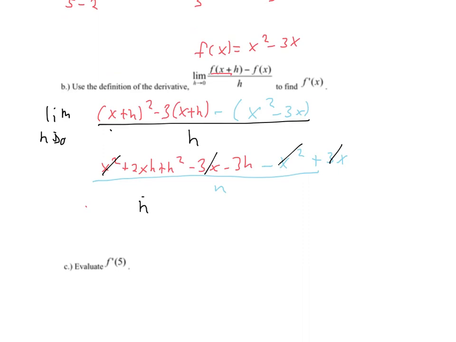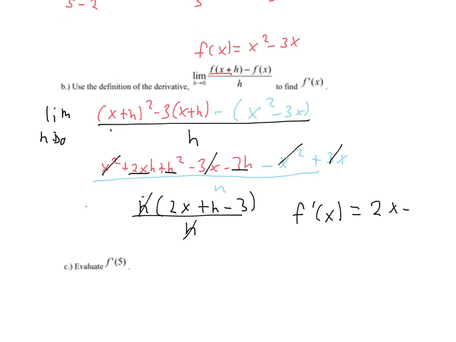So in the numerator, we have h times 2x plus h minus 3. So I factored out an h from here, here, and here, all over h. These now cancel, and we can say that f prime of x is equal to 2x minus 3, because we're going to plug in 0 for this h.